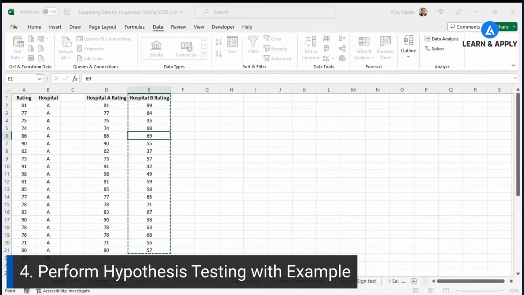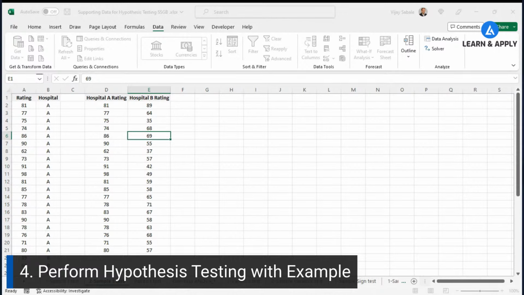Then we need to mention the hypothesized mean difference. Now, if you understand our null hypothesis here, mu1 is equal to mu2. That means the mean of the hospital A rating is equal to the mean of the hospital B rating. That means both are equal, so the difference is 0. mu1 minus mu2 is equal to 0.